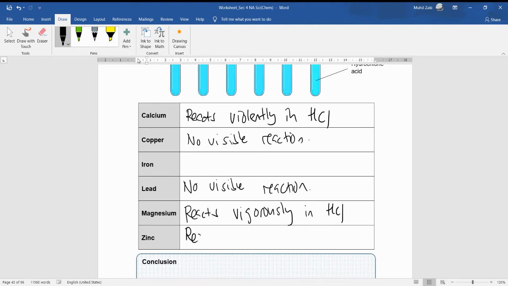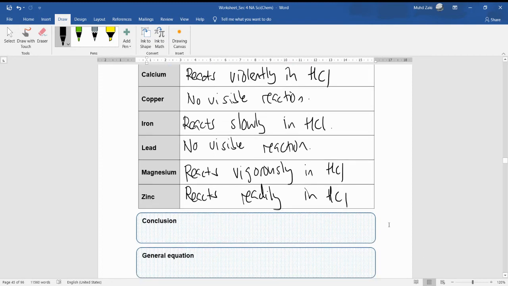Zinc reacts readily in HCl. However, iron is one of the slowest reactions. It reacts slowly in HCl.